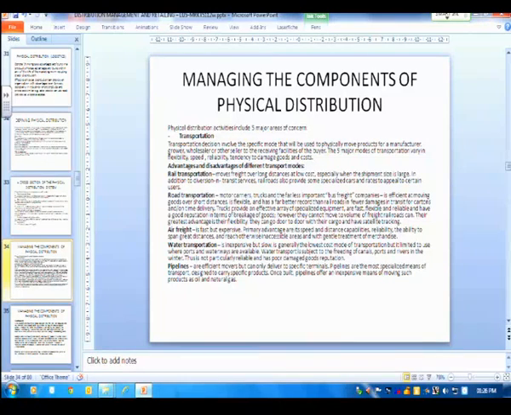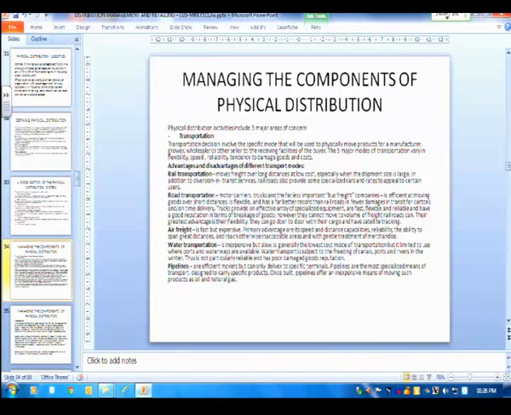Transportation decisions involve the specific mode that will be used to physically move products from a manufacturer, a grower, a wholesaler, or other seller to the receiving facilities of the buyer. The 5 major modes of transportation vary in flexibility, speed, reliability, tendency to damage goods, and costs.